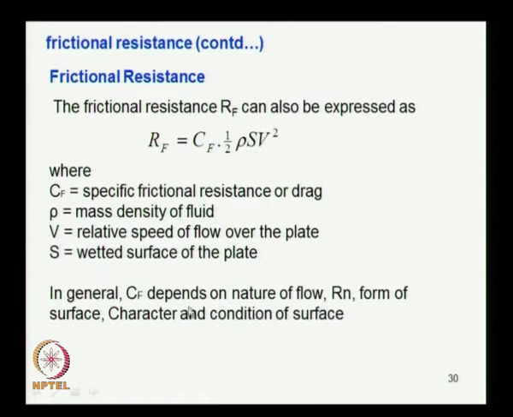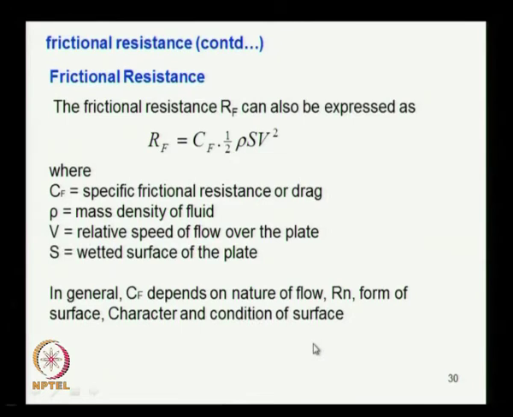And here this Cf depends on the nature of flow, that is whether it is laminar flow or turbulent flow or transition region, which in turn depends on the Reynolds number. Then the form of the surface, that is the shape, how streamlined the shape is, whether there is an abrupt change in continuity, also matters, because whenever there is a sudden change in curvature there will be a flow separation, and the flow separation results in a subsequent increase in resistance.